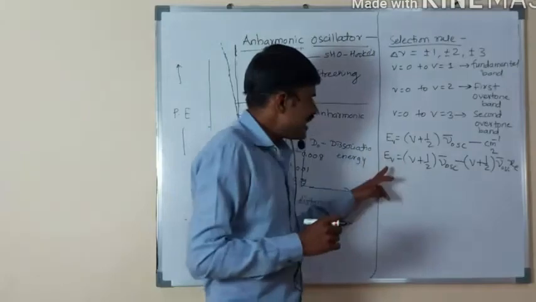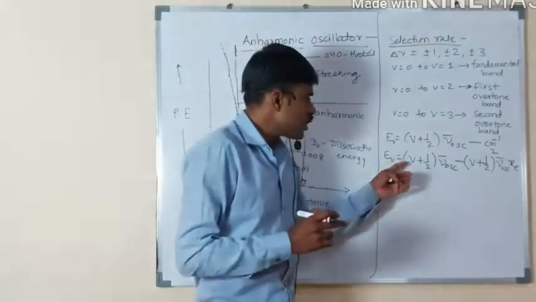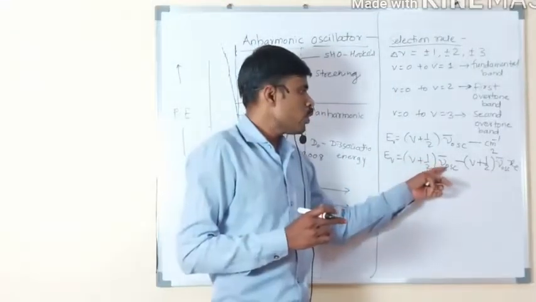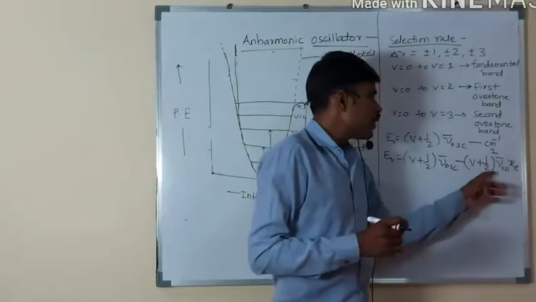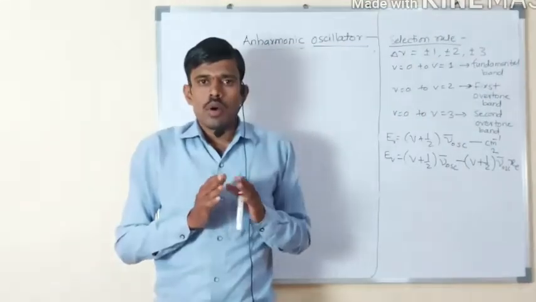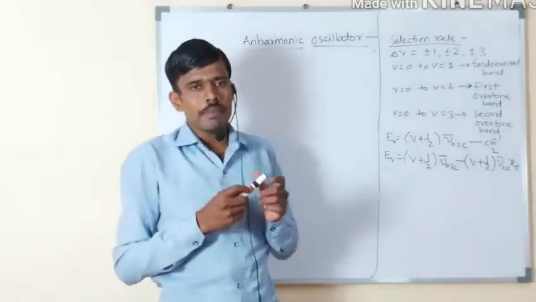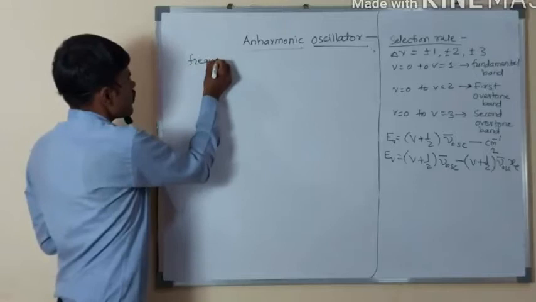Now the energy of vibrational state for an anharmonic oscillator is equal to (v plus 1/2) times nu bar of oscillation, minus (v plus 1/2) squared times nu bar of oscillation into Xe. What is the frequency of fundamental band?